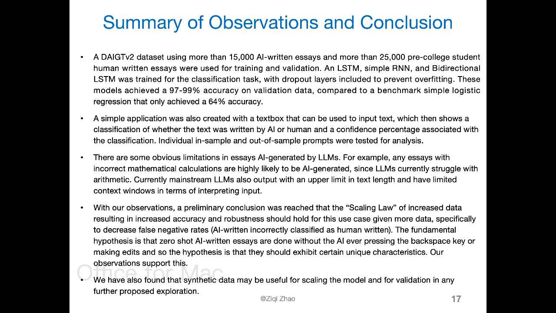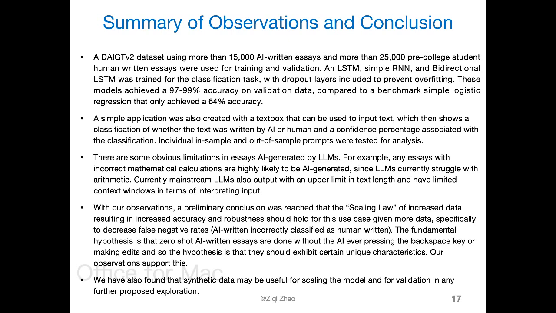And finally, a preliminary observation I found was that based on the out of sample example, which was incorrectly classified but with only a 74% confidence level, I thought we could infer that the scaling law would hold with our deep neural network, specifically the bidirectional LSTM.